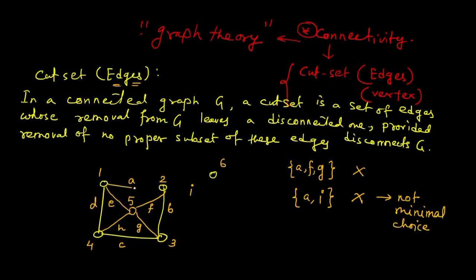Now see, the earlier one is not a cut set because once you remove those parts, you still get a connected graph. Now suppose you remove simply I. If you remove this part, you get a disconnected graph, and yes, it is a minimal choice.